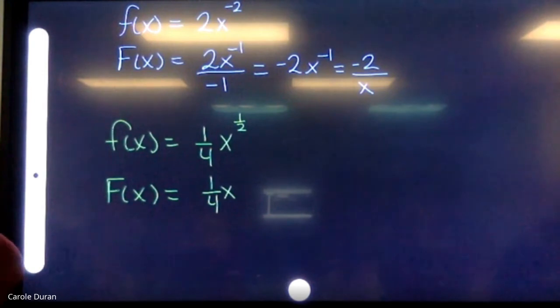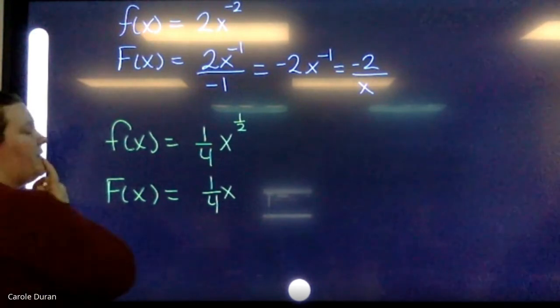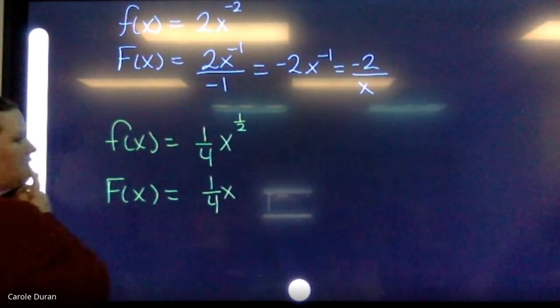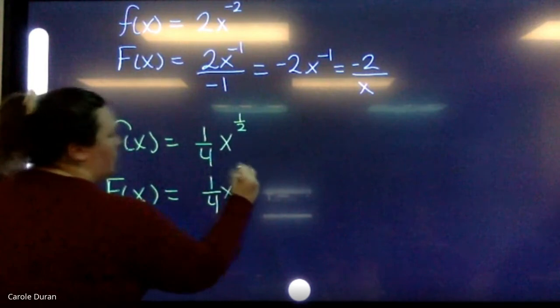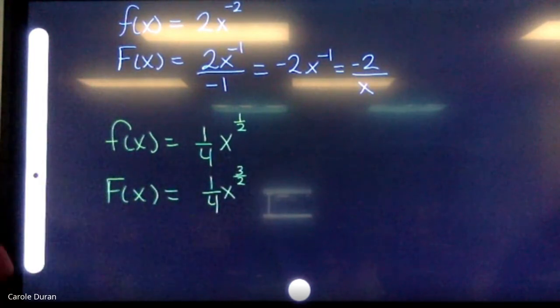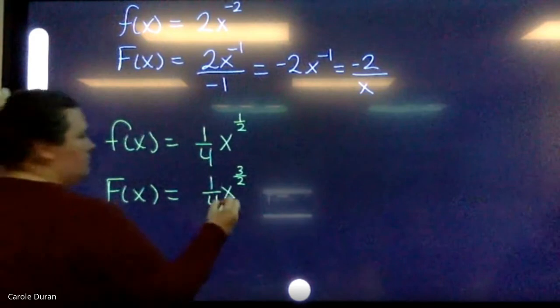Okay, first things first, what's going to happen to my exponent? Add 1. So 1/2 plus 1 becomes what? 1.5. So 3/2, because we don't like decimals in there or mixed numbers. And then what did I have to do with that 3/2? I had to divide it out of my x, right?